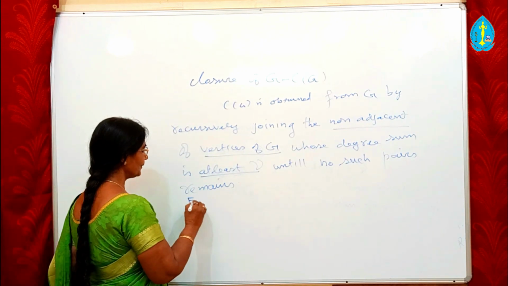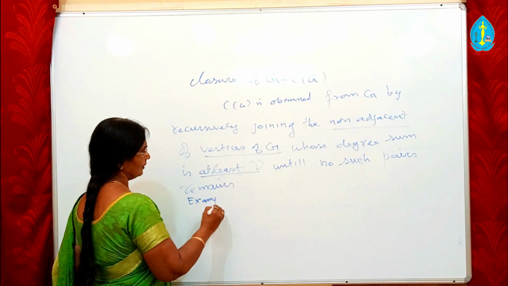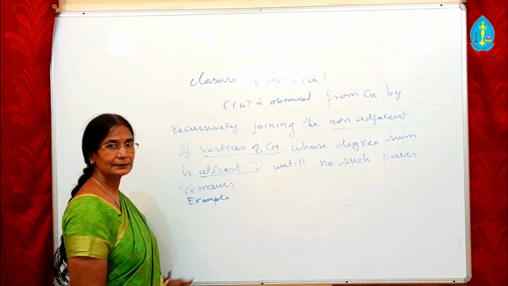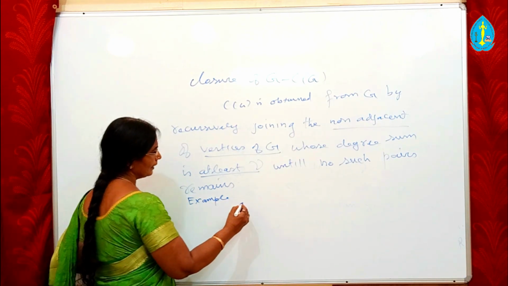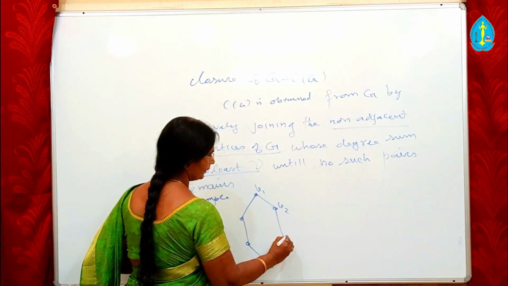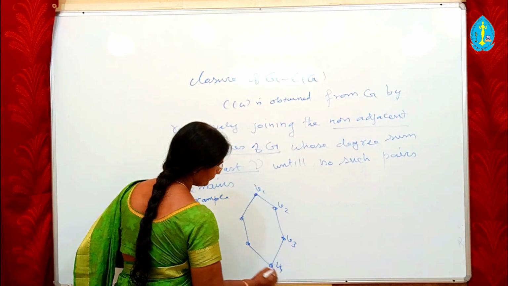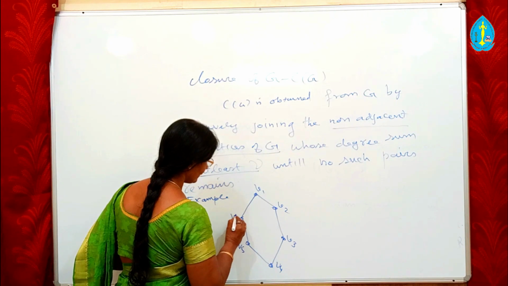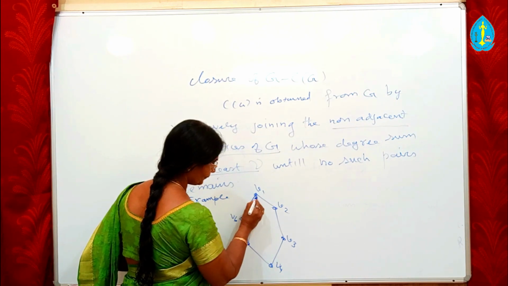Now let us see an example of the closure of G. Consider the graph G with vertices V1, V2, V3, V4, V5, V6.